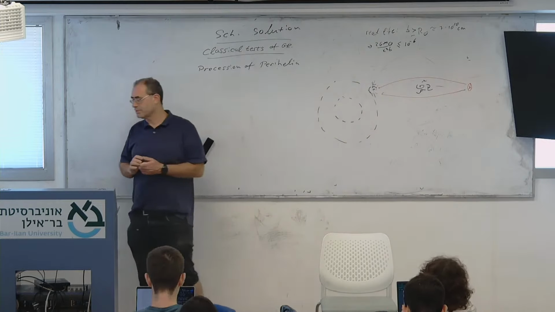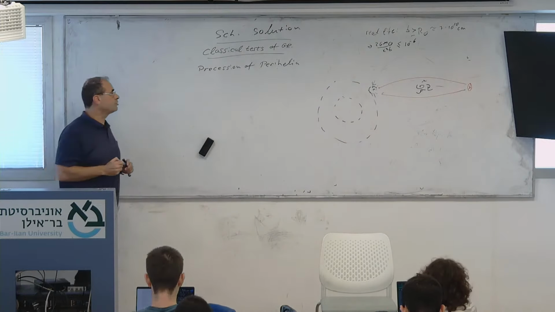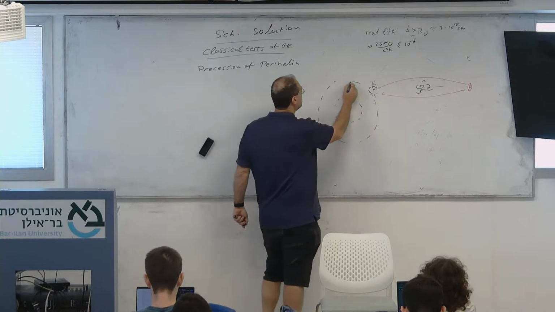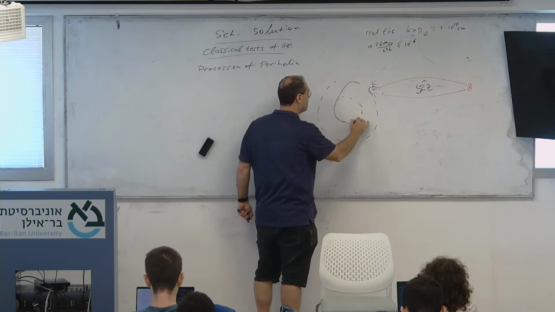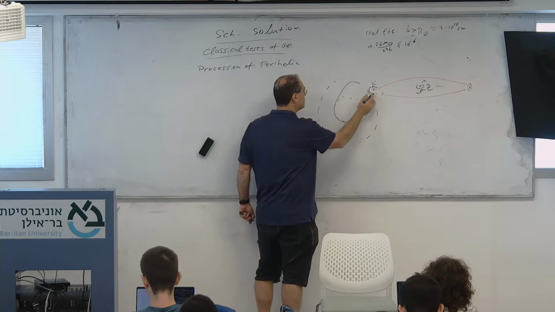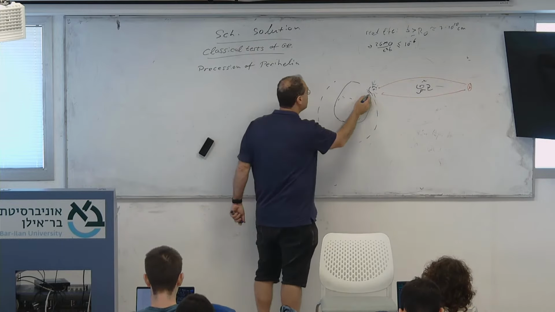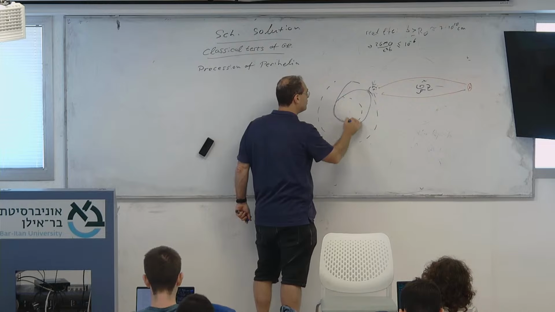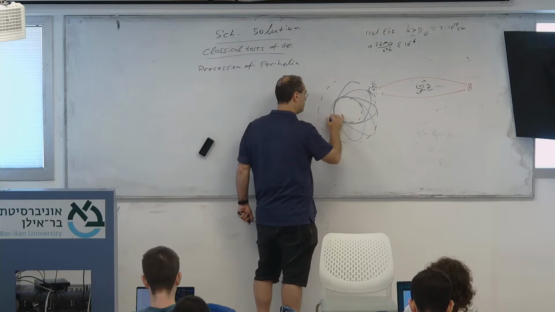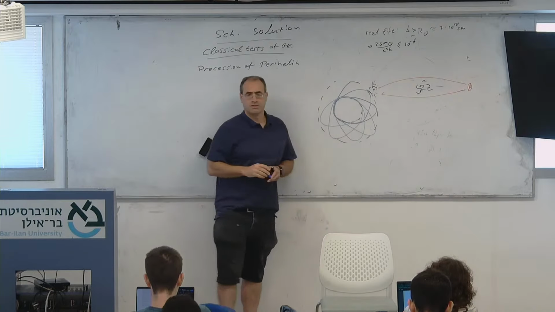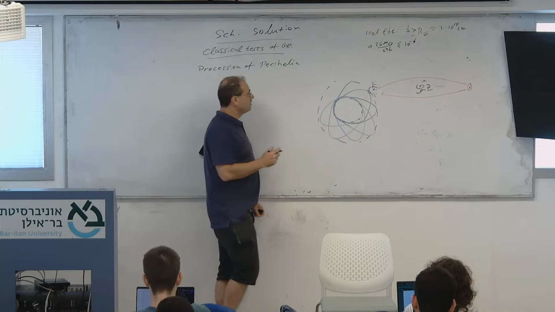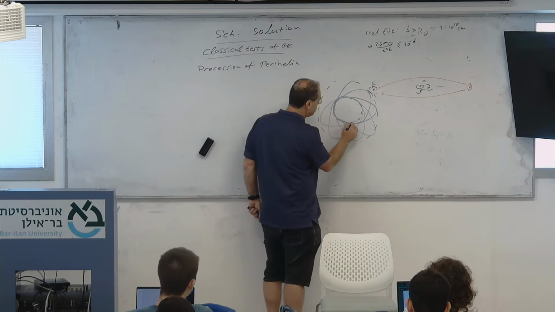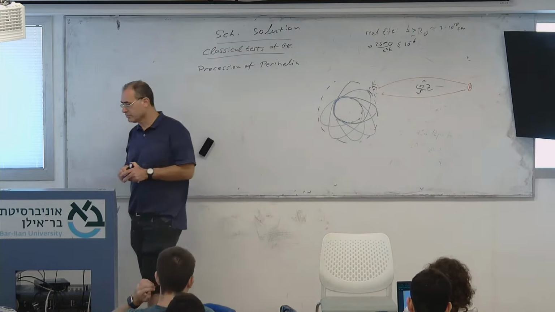It's highly exaggerated, and the true motion is an ellipse, but this ellipse is not repeating itself exactly; there is a slight deviation. If we follow the true motion of the stars, they move like that. This point here, the closest approach, is called the perihelion.